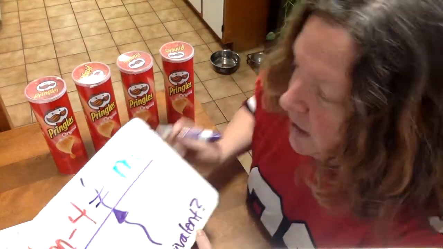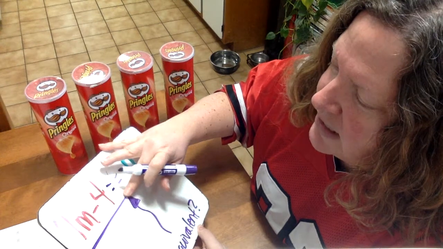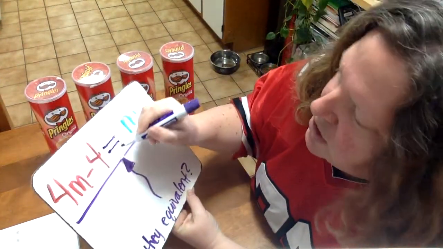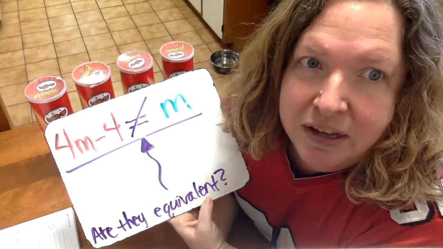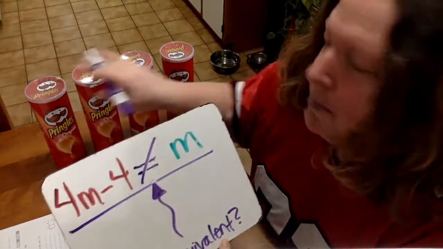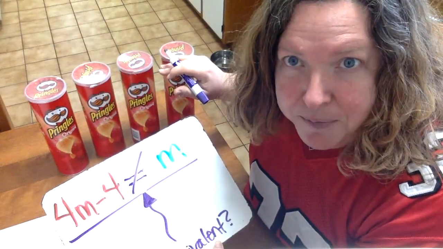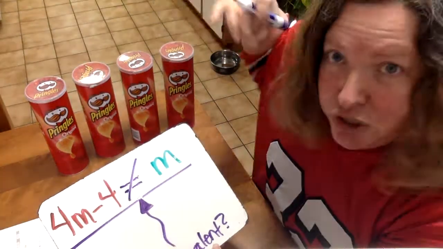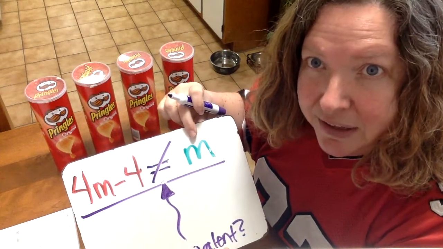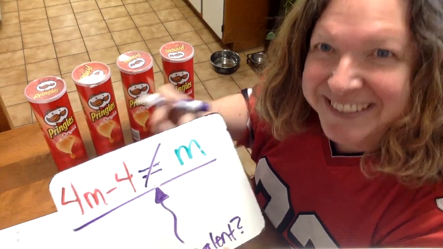No, in fact, we're going to put the not equal sign. The not equal sign is an equals, and then you kind of put a Ghostbusters through it. 4m minus 4 is not equal to just 1m. 4 mystery amounts, 4 groups of a mystery amount, minus 4 individual Pringles does not equal 1 can of a mystery amount of Pringles.